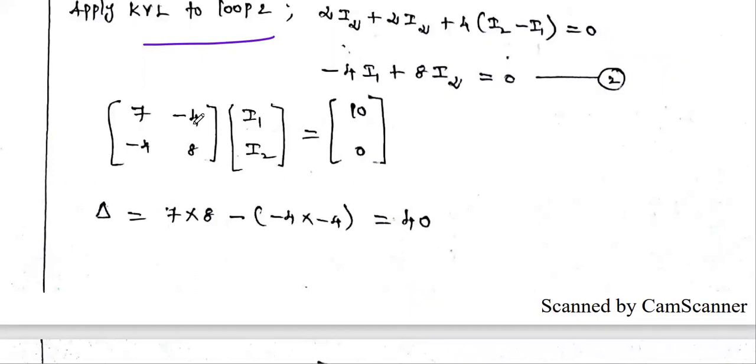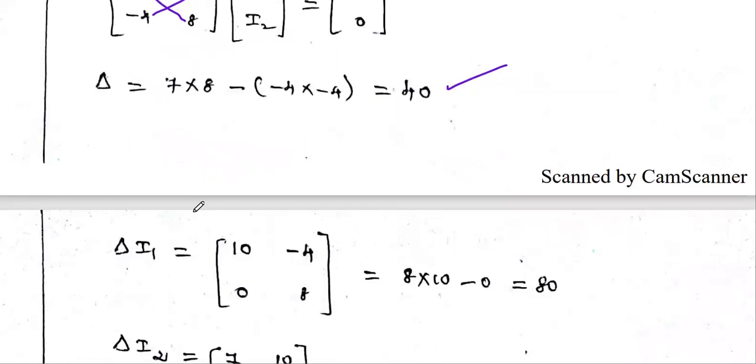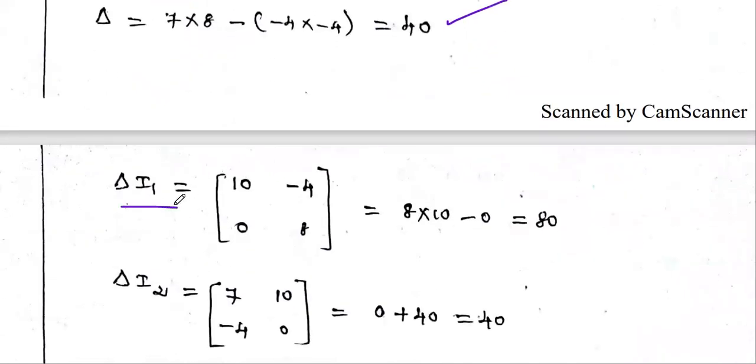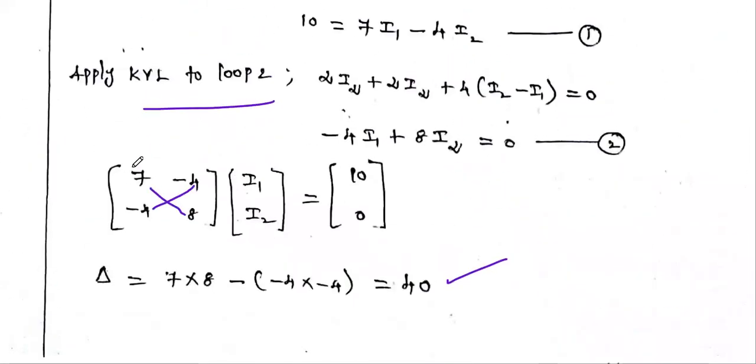If you want to find the variables I1 and I2, you first find the del value, the determinant of this 2 by 2 matrix: 7 into 8 minus of minus 4 into minus 4. So the answer is 40. Then you find del I1. In this 2 by 2 matrix, you replace the first column by the constants, and that is del I1.